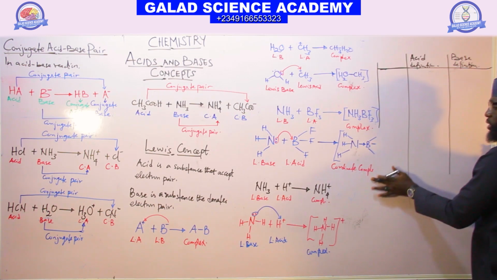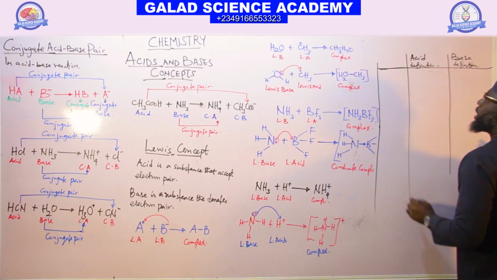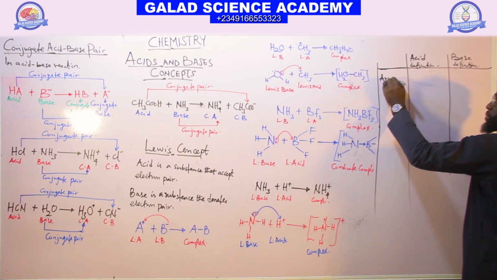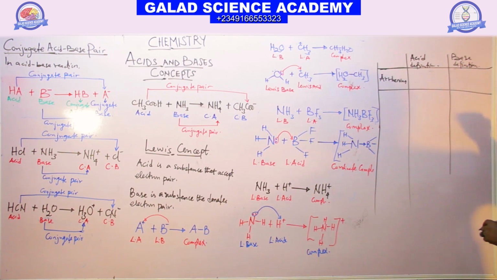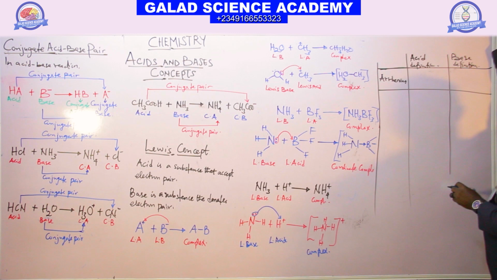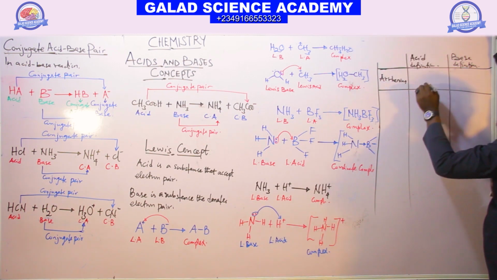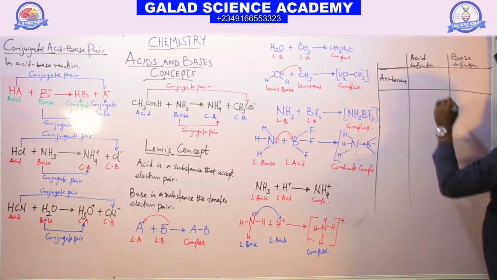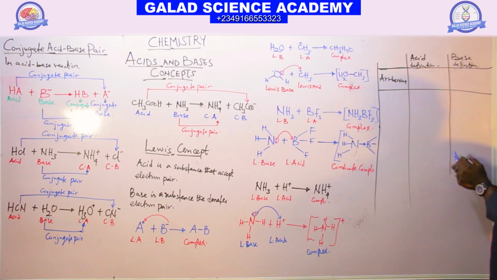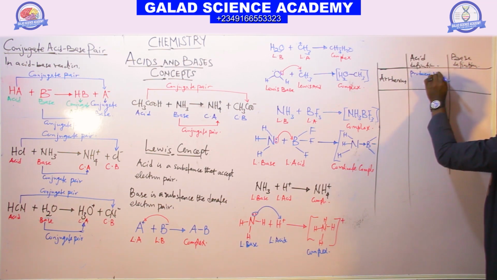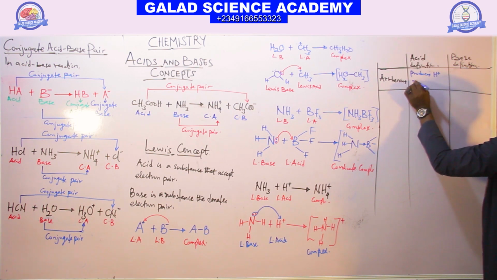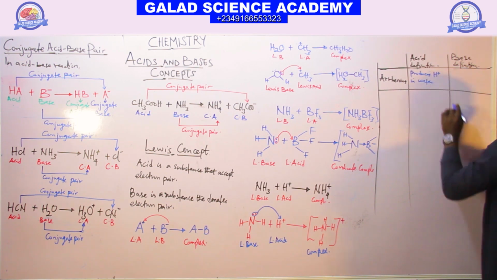The first thing we have is Arrhenius. So Arrhenius defined acid as a substance that produces protons. Acid is a substance that produces hydrogen ion in water.